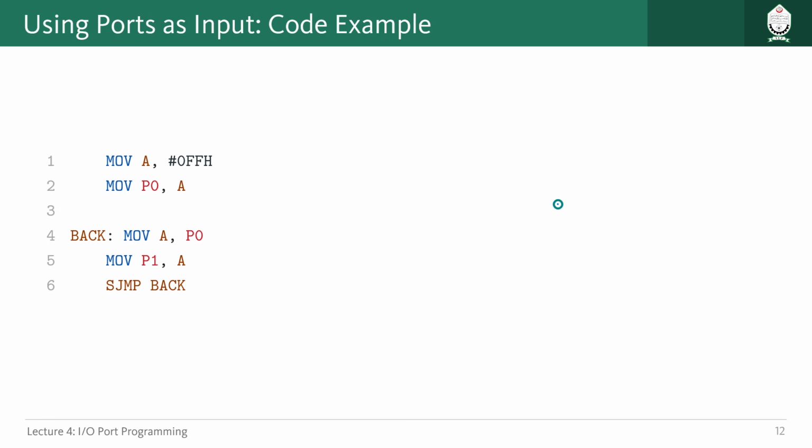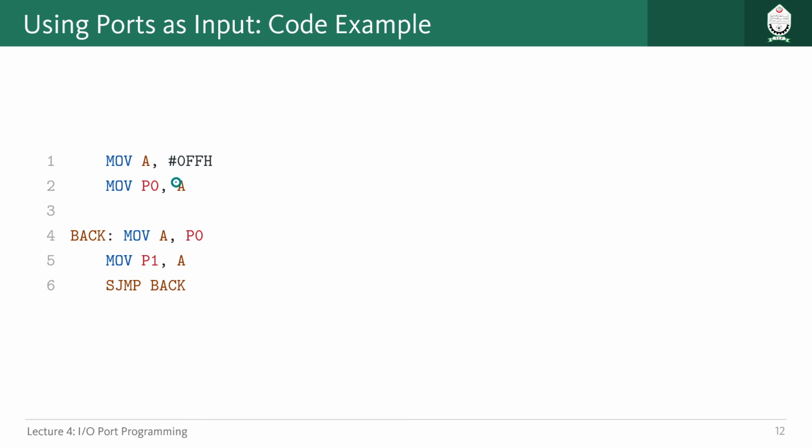We know from the hardware example that we have to first of all write logic ones to our pins or ports to make it an input port, or input pin. You see in this example that is done.